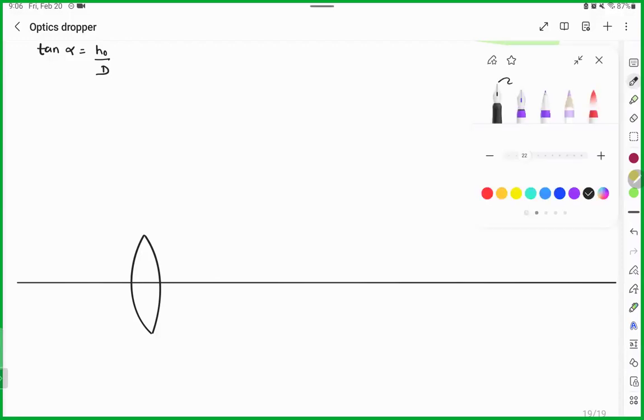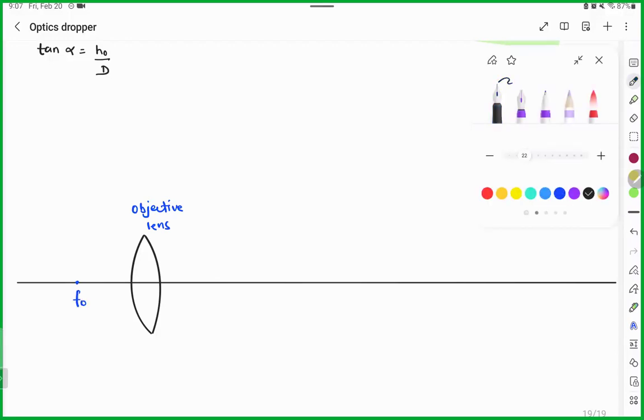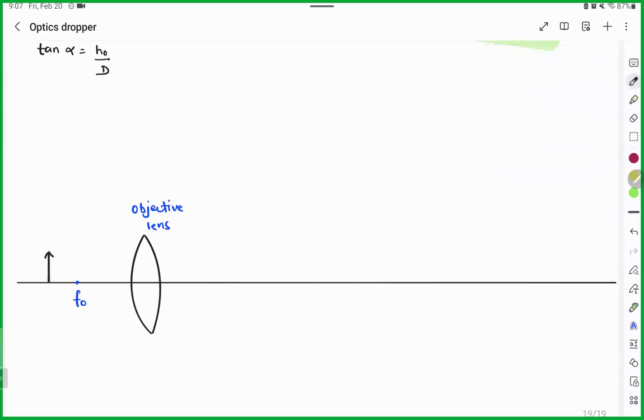So this lens is known as the objective lens, which is smaller. You should place the object beyond your focus. For example, you are keeping it here. Because if you place it between the focus and the lens, then it will form a virtual and erect image. But we are making a real image like this.